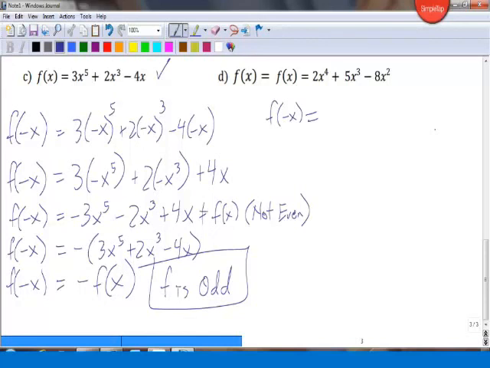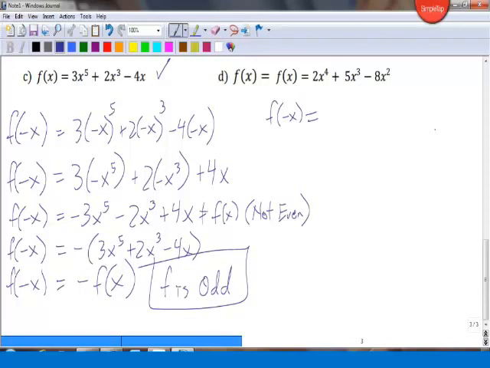F of x equals blah. To answer the question, is it even or odd? Calculate f of negative x. Substitute negative x for x. And if it gives you back exactly what you started with, you're dealing with an even function. If it gives you back the opposite of what you started with, then you're dealing with an odd function.